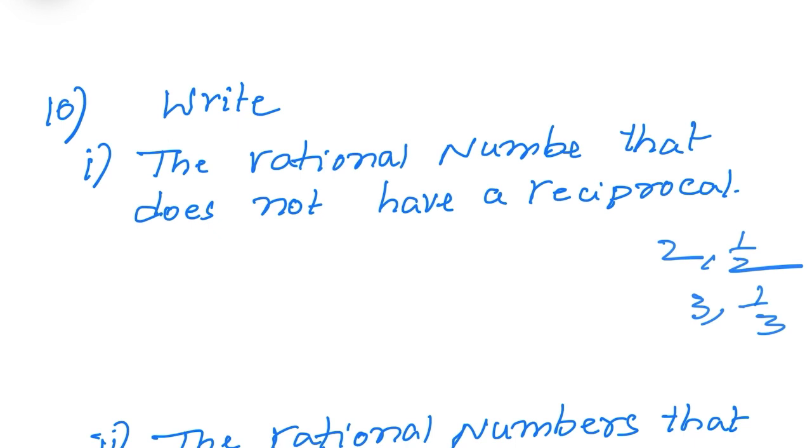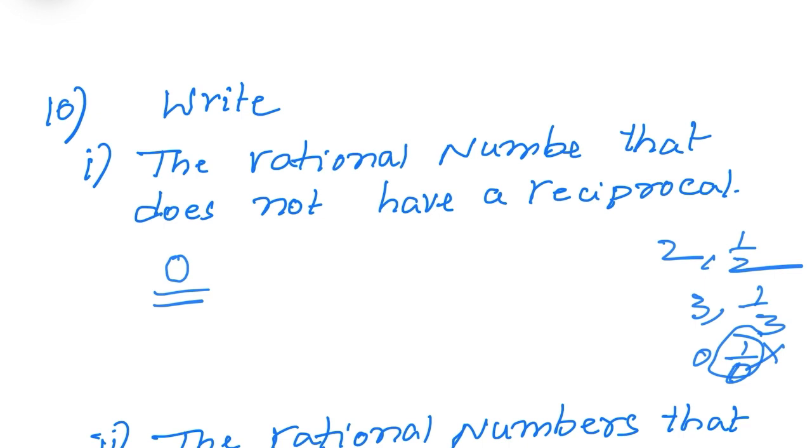For 0, can you write its reciprocal as 1 by 0, which is not there. So you cannot have 1 by 0. 1 by 0 is an undefined quantity. So you can say 0 is the correct answer because you cannot write its reciprocal as 1 by 0.